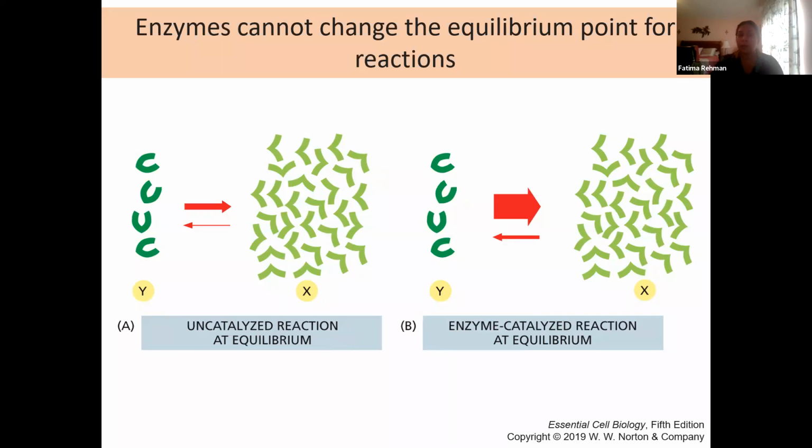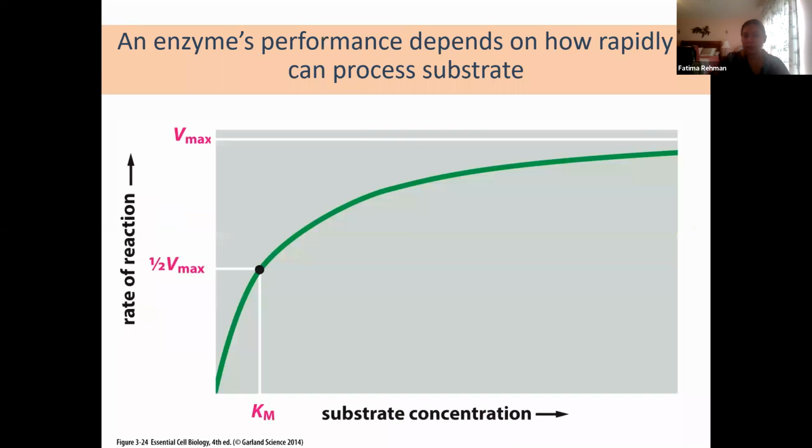So if your uncatalyzed reaction at equilibrium has a particular rate, the same rate is going to happen after the enzyme-catalyzed reaction as well. It's going to make that go faster, but it won't change that overall equilibrium. So that constant remains the same regardless of enzymes being present. Does that make sense? Yes, no, maybe?